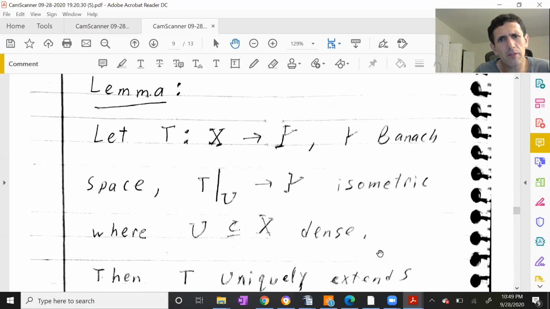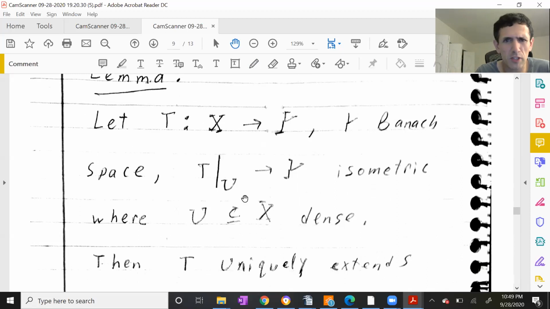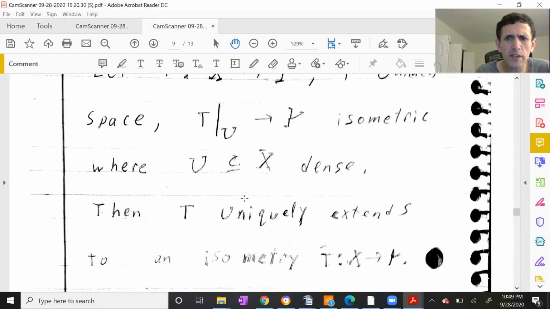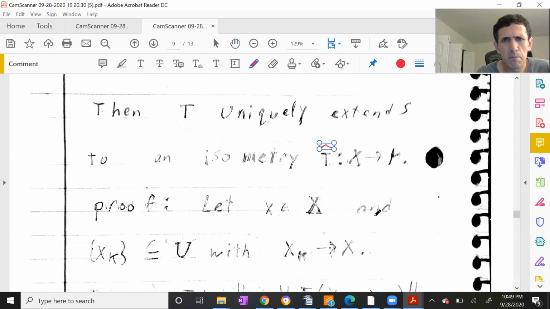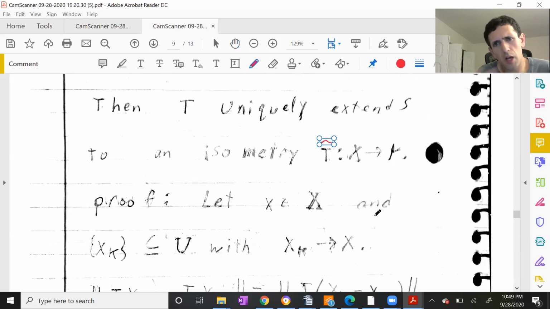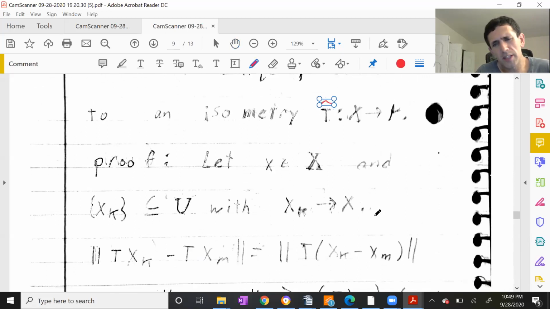So let's say we have a linear map T from X to Y. X is a normed space, Y is a Banach space, and on a dense subset, T is isometric. Then T uniquely extends to an isometry from X to Y. Okay, so pick an x, pick x_k in U with x_k goes to x.